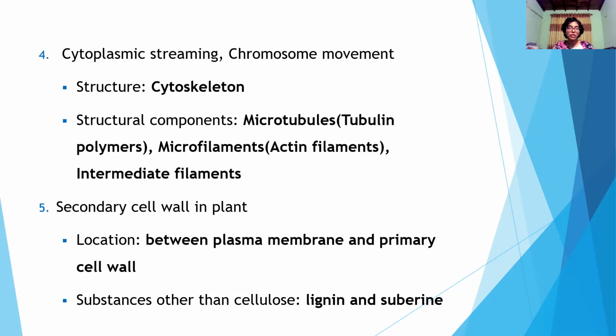So now let's move on to the fourth question. It is about cytoplasmic streaming and chromosome movement. All right. As soon as you see this, you can relate to a structure, an organelle in your cells, which is the cytoskeleton. That is what they have asked.